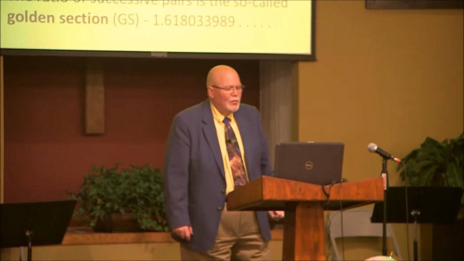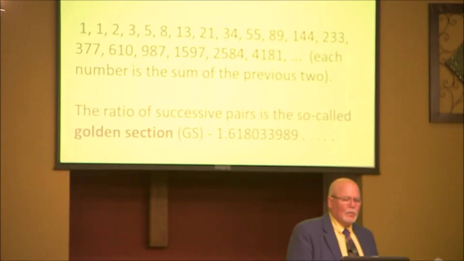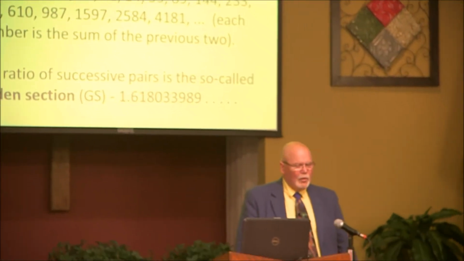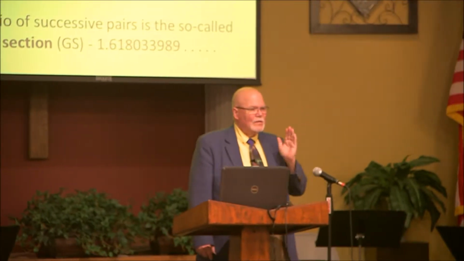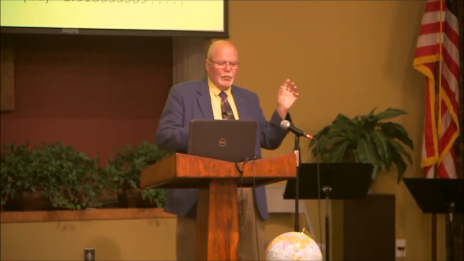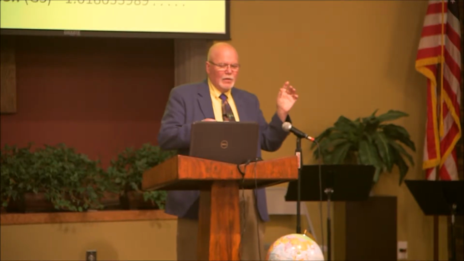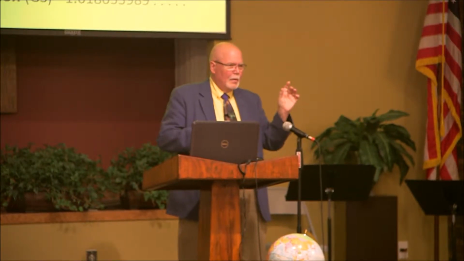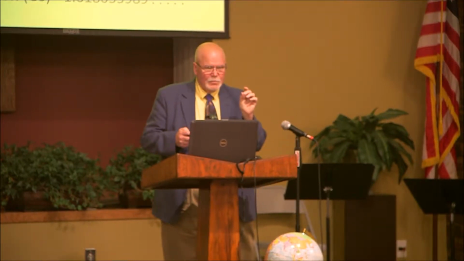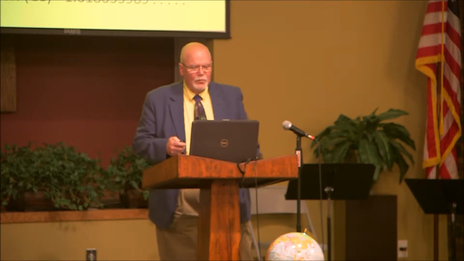The ratio of successive pairs is the so-called golden section, which is 1 point, and I'm just going to round this off, 1.6. So in our first sequence, let's say 2 and 3. First one is 1, the second one is 1.6, bigger, and each one progressively gets bigger.